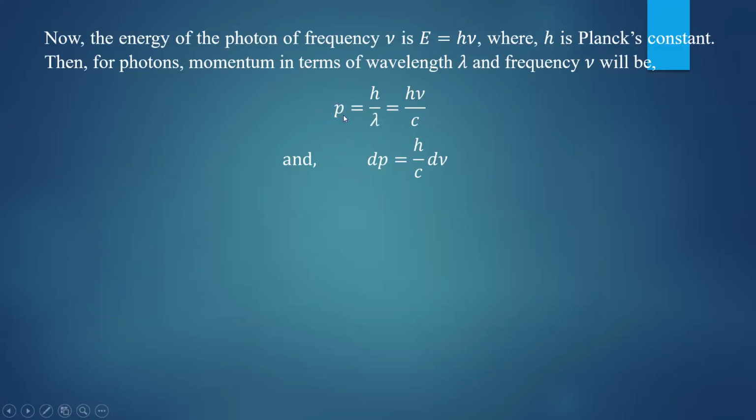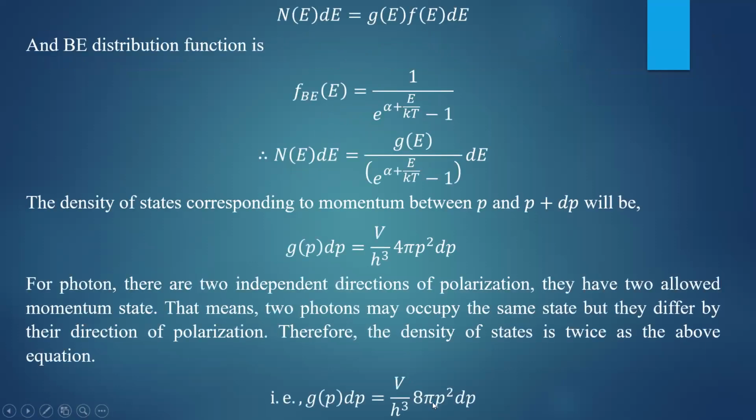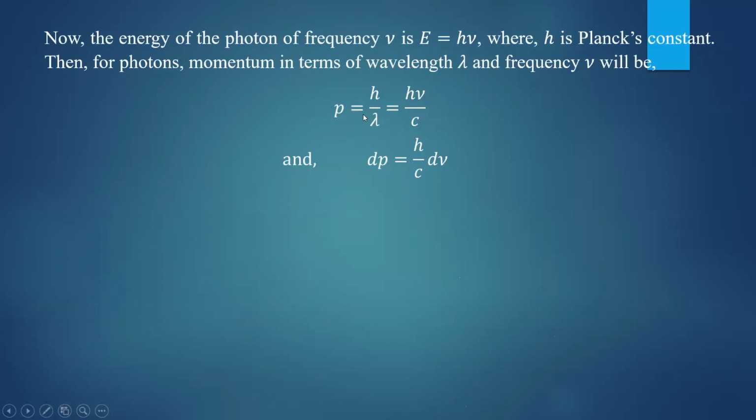Now you have to find out dp, because we need p and dp here. That's why we try to express this p in terms of frequency and dp in terms of frequency. Now p is equal to h nu by c, therefore dp is the derivative of this p, which will be equal to h by c into d nu, because h is constant, c is constant, and nu is variable with respect to the variable momentum.